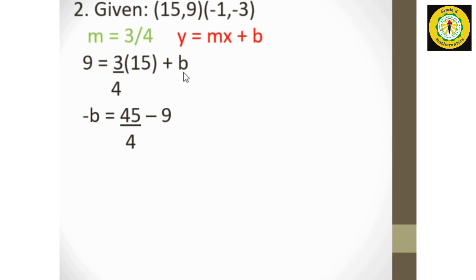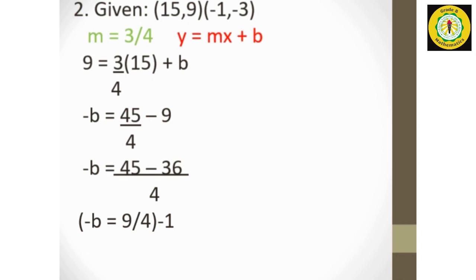Again, we need to simplify. So negative b equals 45 over 4 minus 9. So we need to simplify this. So we will come up with negative b equals 45 minus 36 all over 4. And then since we have negative b here, we need to make it positive, so we need to multiply it by negative 1.